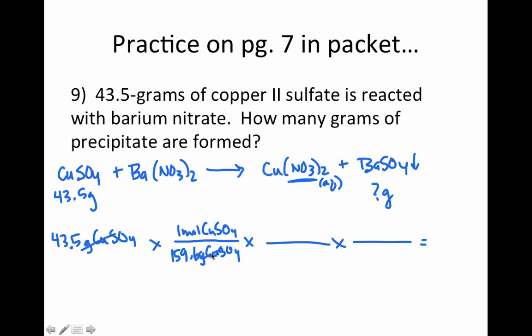Okay, that unit cancels. So we bring moles CuSO4 down here, to moles of barium sulfate. That just happens to be a 1-to-1 ratio. Okay. And then moles BaSO4 to grams. So I'm going to add up that molar mass.